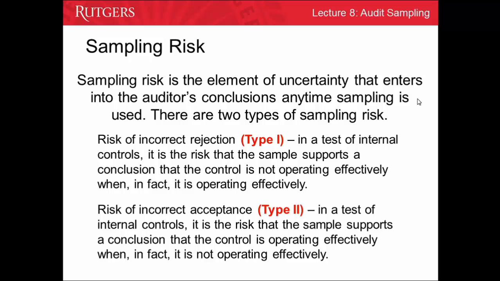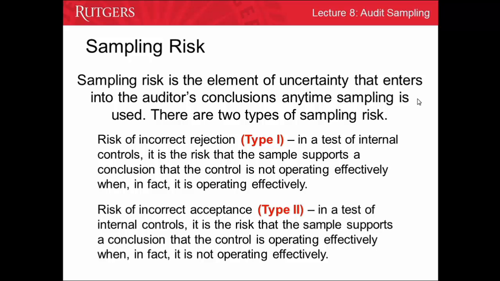When the auditor is evaluating the level of reliance that can be placed on a control in the context of a financial statement audit, this risk is also commonly referred to as the risk of under-reliance or the risk of assessing control risk too high. In substantive testing, this is the risk that the sample supports the conclusion that the recorded account balance is materially misstated when it is actually not materially misstated.